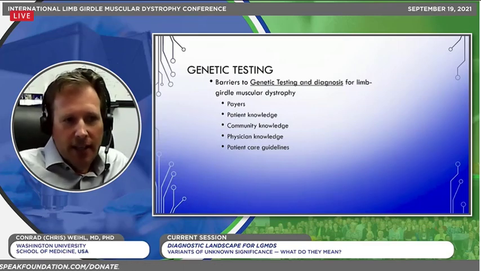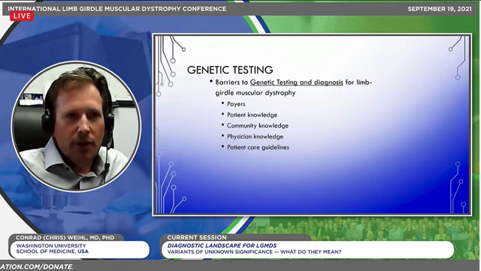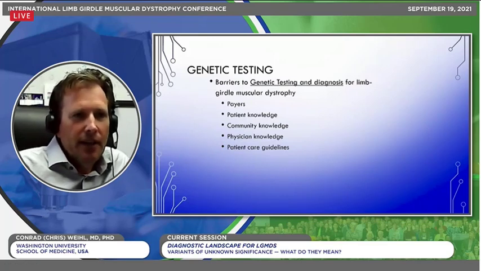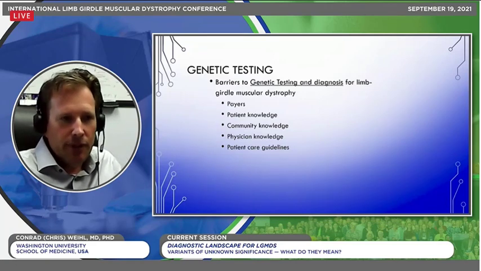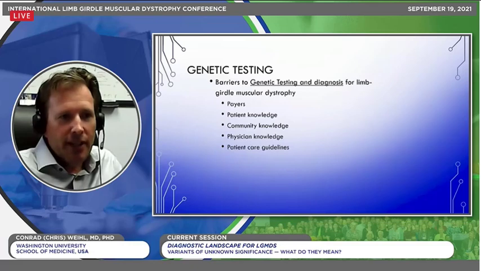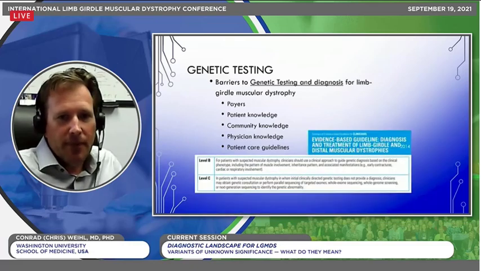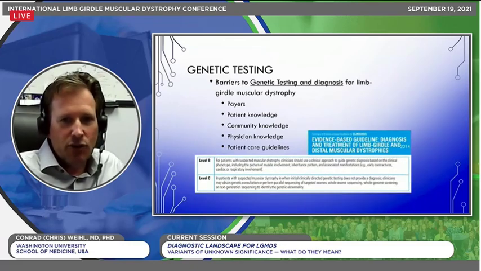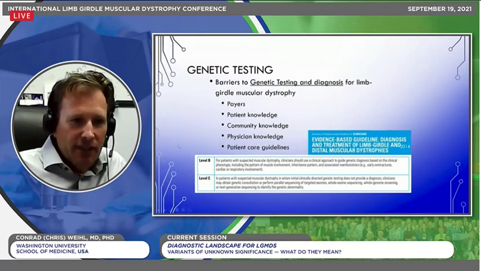Physician knowledge. Not all physicians know about genetic testing and what needs to be done and whether a different panel is different than another panel. And so I think educating physicians is something that's really important. And finally, I think this one is the most interesting, is patient care guidelines. And actually the most recent evidence-based patient care guidelines in 2014 actually have different levels of evidence.